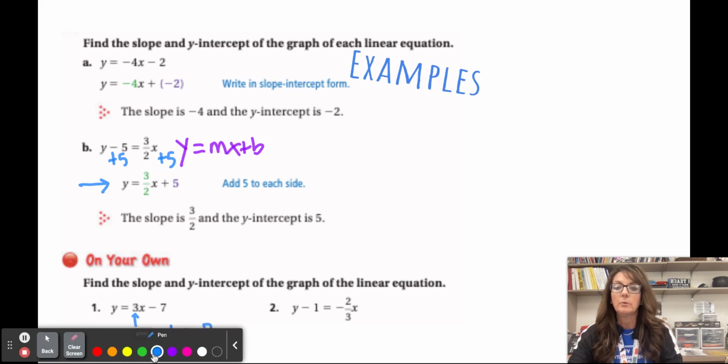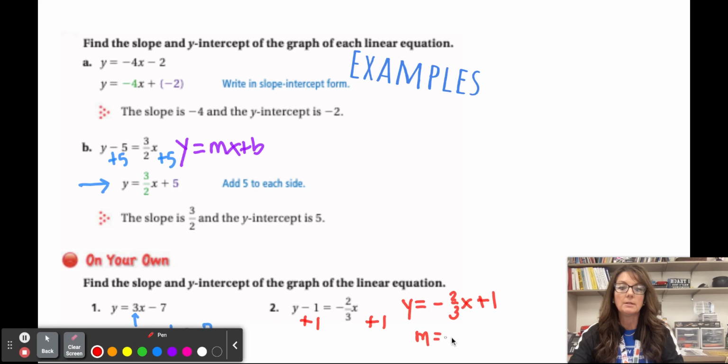For the second one, we need to solve for y. We'll add 1 to both sides to start out with, so that we can rewrite it as y is equal to -2/3 x plus 1. You can identify your slope as equal to -2 over 3.